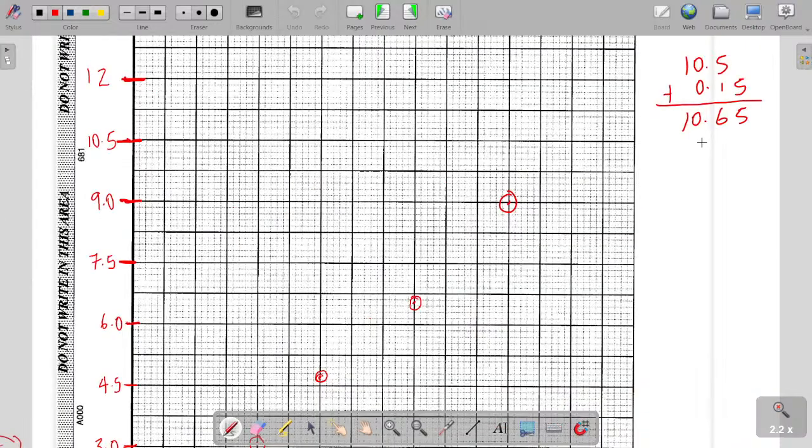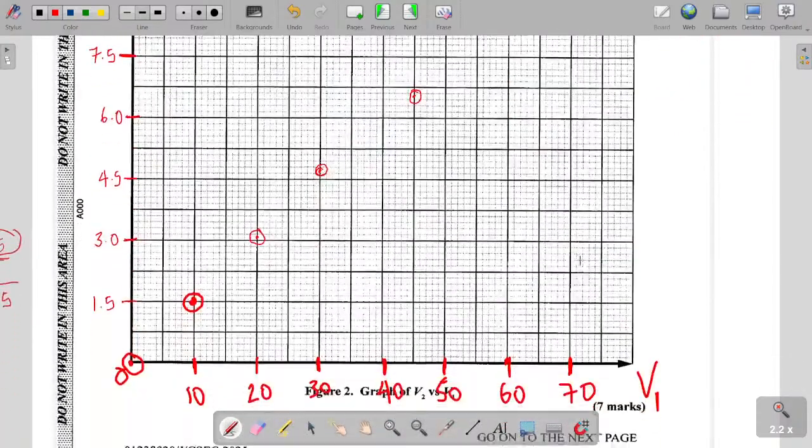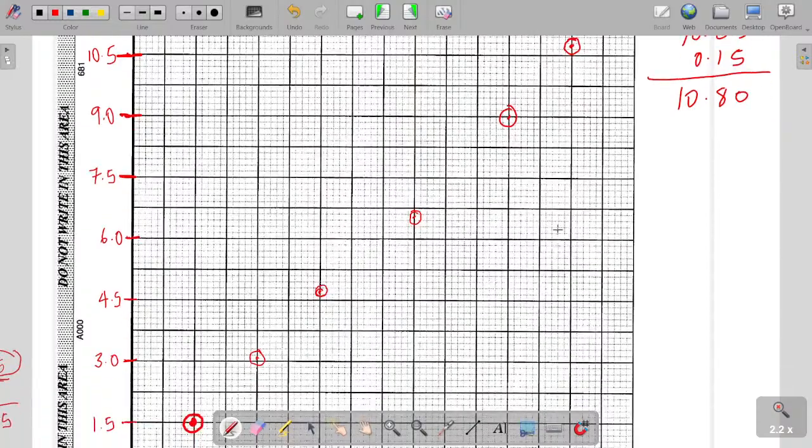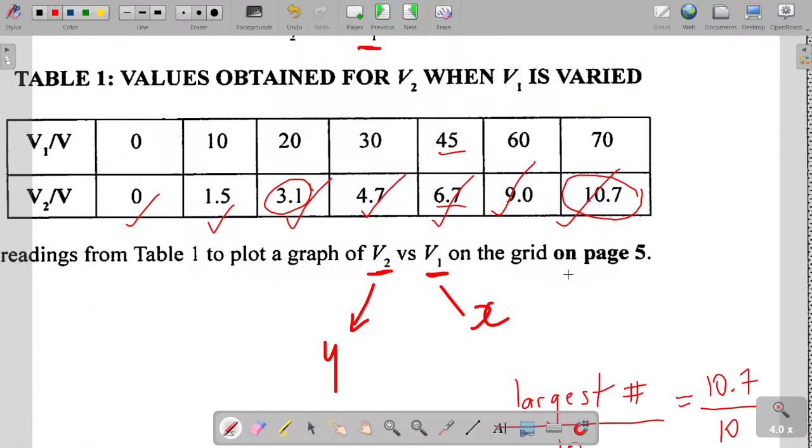If we add 0.15, which is our smallest division, again, we get 10.80. So 10.7 has to be in between 10.65 and 10.8, so in between the first and second block. It's not the first block, but in between here. And we would have completed all our points.